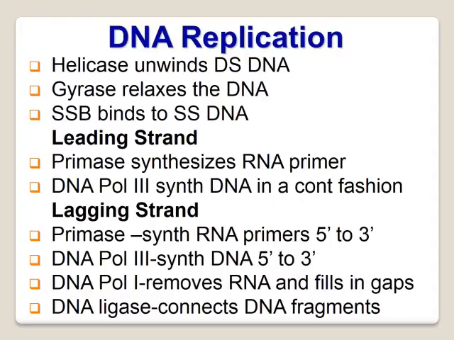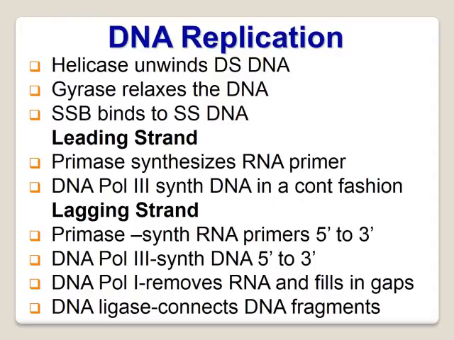Leading strand is synthesized in one continuous fashion, and an enzyme called primase synthesizes a short RNA primer to lay it down. DNA polymerase 3, using the 3' OH group, begins to build nucleotides onto nucleotides by adding and extending that in one continuous fashion until the DNA strand is completely copied.